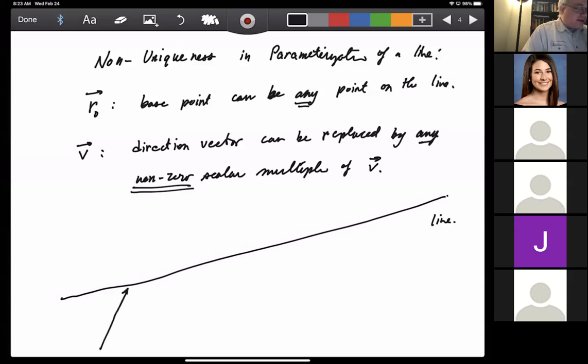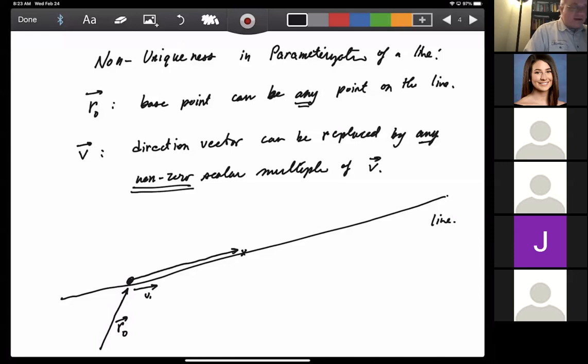The idea with our vector representation is we get onto the line by this base point R0, and then we get to any other point by taking, let's say this is our V vector, some multiple of V to get from our base point to another point on the line.